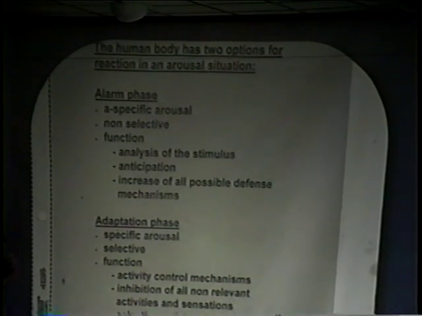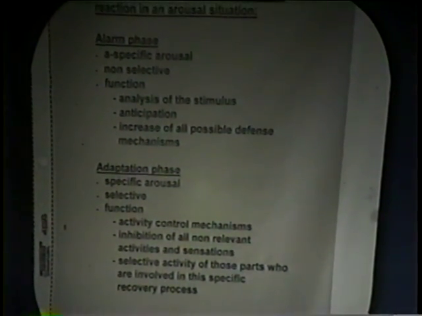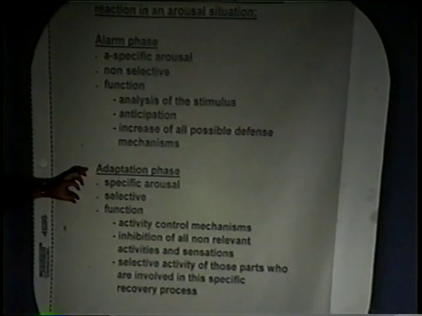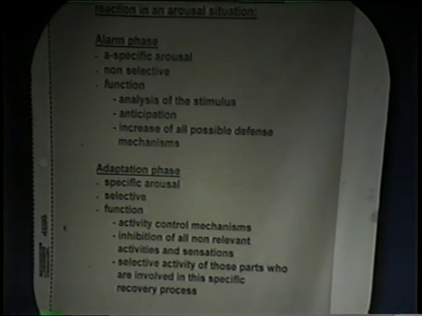Adaptation phase. We will try to get the patient as soon as possible into an adaptation phase. So out of the arousal situation by damping the pain, getting the pain away, information to the patient, etc. Adaptation phase is a different arousal. It is selective. They know what to do with it. The function is activity control mechanisms, inhibition of all non-relevant activities and sensations.